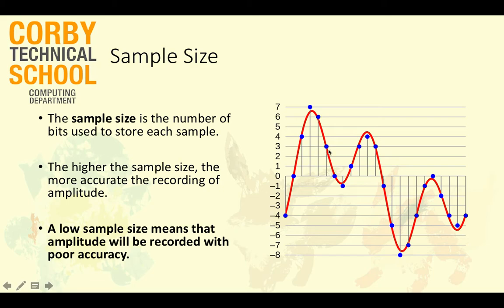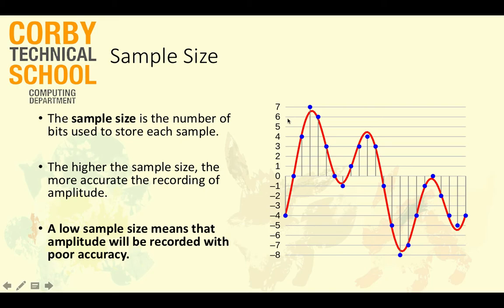The reason for that is the higher the bit rate, the more quantization levels we have to record to. As I said at the start, every time a sample is taken, the amplitude of the wave is measured, and then it's rounded to the nearest quantization level. You can see here with this third sample, it's quite close to the quantization level, and therefore we get a relatively accurate sample there.